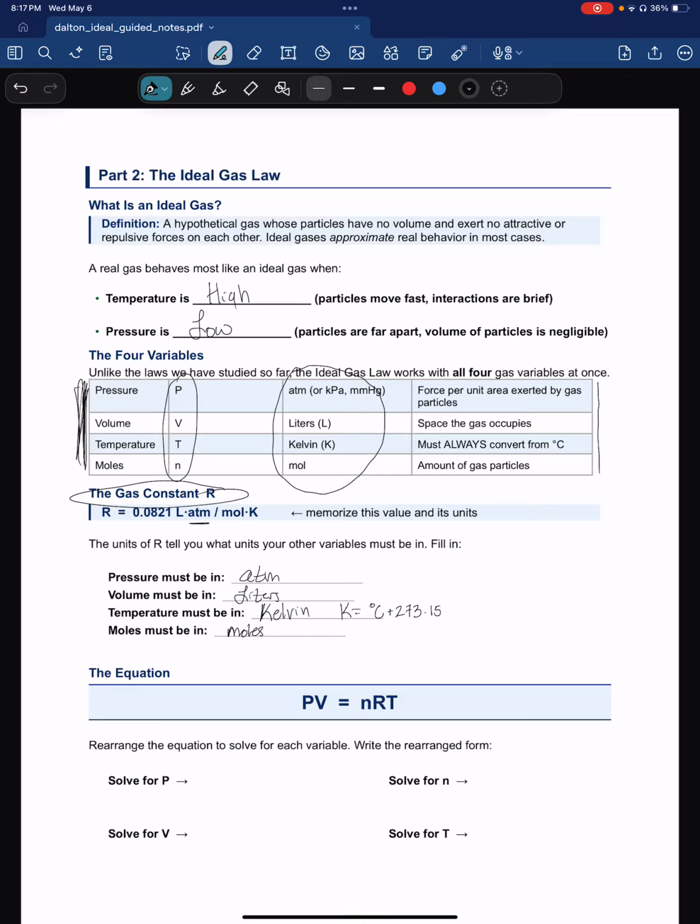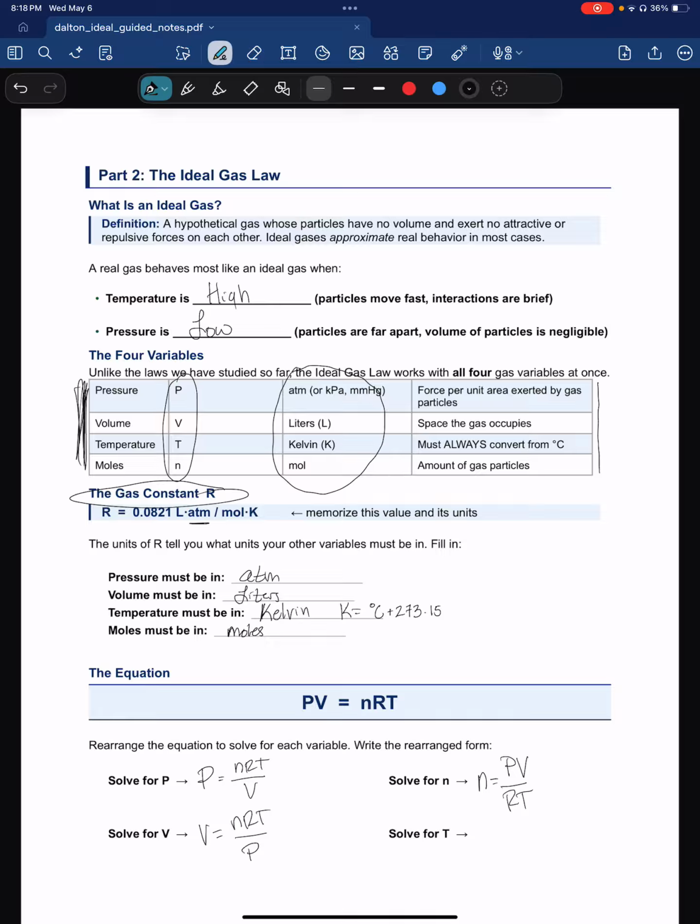Great. So hopefully you had a chance to do that, and I'll go ahead and do that now. In this case, P is equal to nRT over V. Solving for V, V is equal to nRT over P. Solving for n, n is equal to PV over RT.